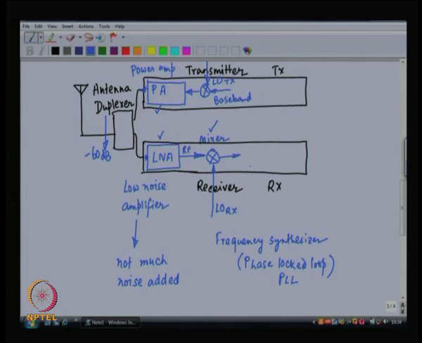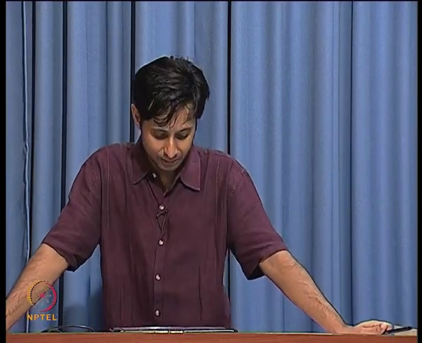Now, if you have studied your communications, you would probably know that there are a few more components after or before the mixer. If you are using a heterodyne receiver or a super heterodyne receiver, then between the LNA and the mixer you need an image reject filter.